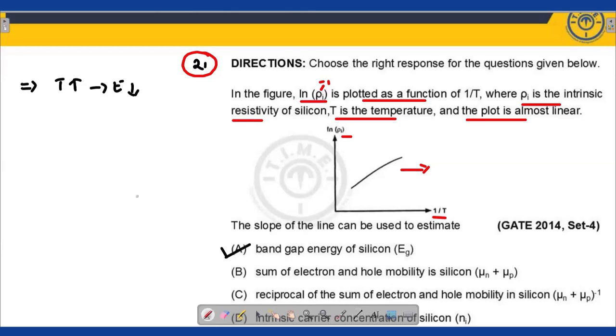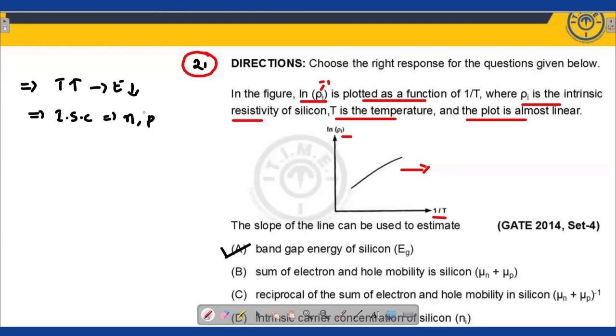But what kind of parameters we need to study, my dear friends, is very, very important. If I take an intrinsic semiconductor, it consists of both N-type and P-type concentrations.